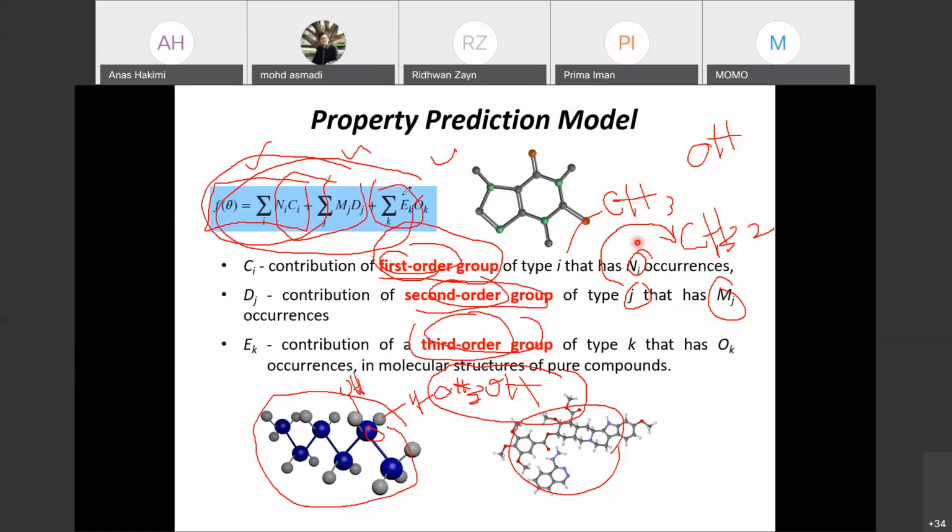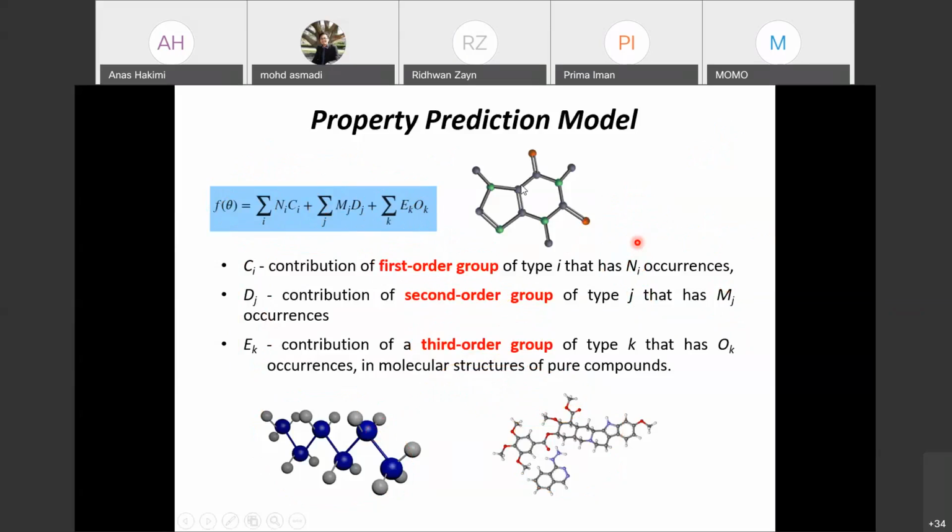And this one, D and E, you can get from the tables in the journal which I uploaded in the e-learning. So you have to find it. You can get the values of the C, D as well as E. So please refer to the journal. For the activity, of course, you have to refer to this journal and just substitute into this equation.